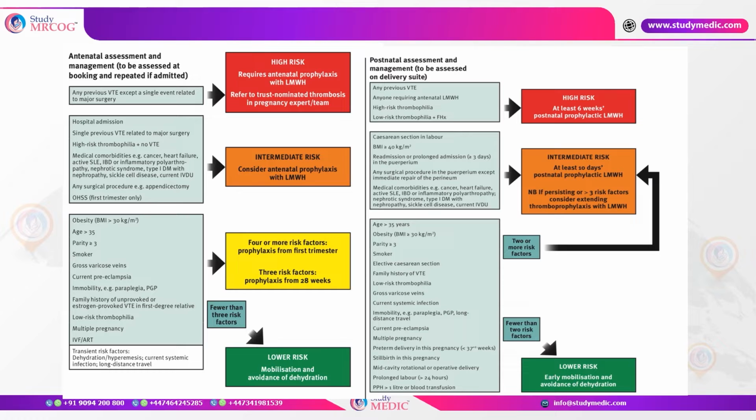A general rule to remember is that any woman who is taking thromboprophylaxis from 28 weeks of pregnancy will usually continue it in the postpartum period. So if it is an intermediate risk, she continues it for 10 days, and if it is a high risk, then she continues it for 6 weeks.